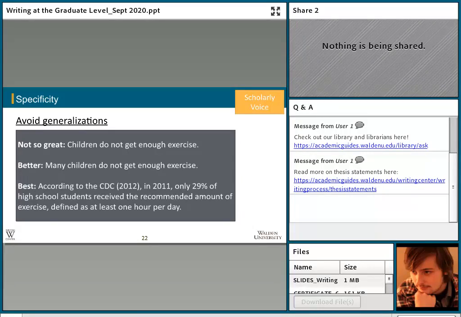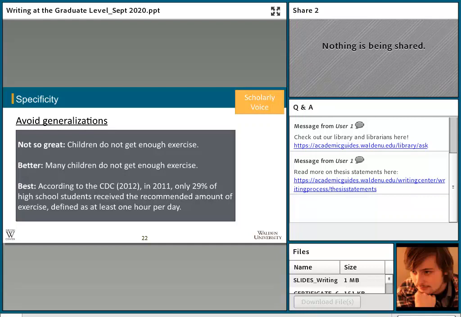Instead, tell the reader exactly how many children, right? Use a statistic that supports this notion. "According to the CDC in 2012, in 2011, only 29% of high school students received the recommended amount of exercise, defined as at least 1 hour per day." So here we have a really specific statement. It's not only telling the reader exactly what percentage of high school students did not meet the recommended amount of exercise, but it's telling the reader what that recommended amount is.